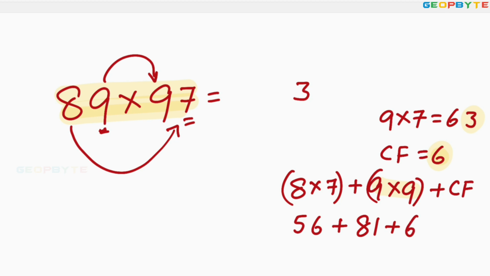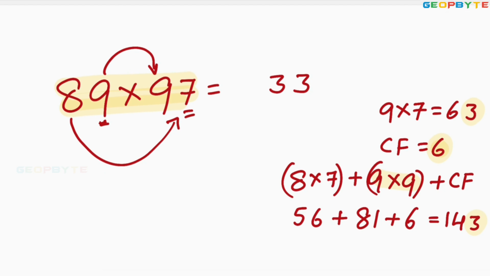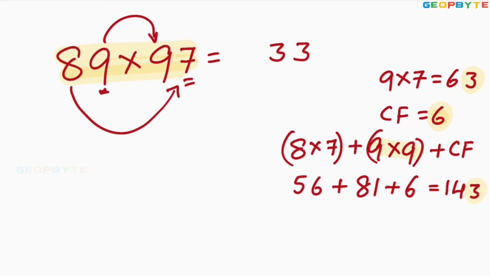You write that value. Simplify this for getting 143. From the 143, you select the digit in the unit place. Write that value here. Then the second carry forward, carry forward 1, is equal to 14.